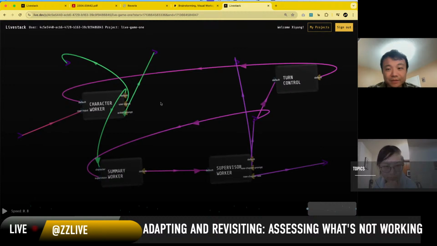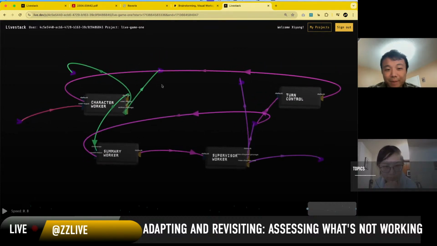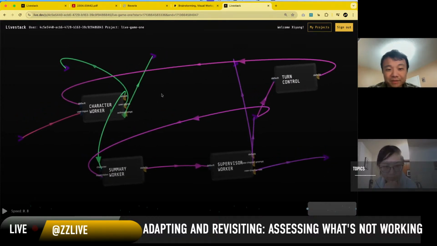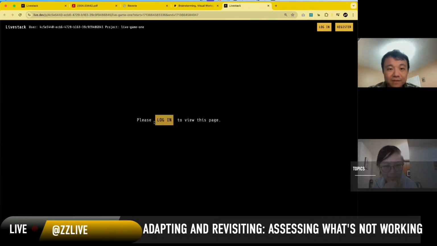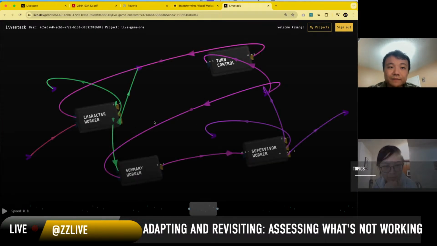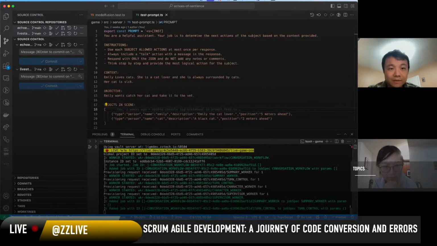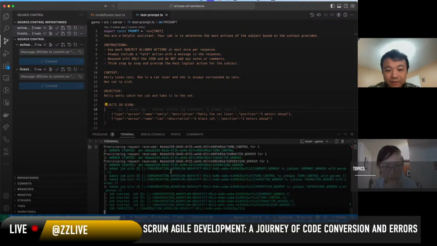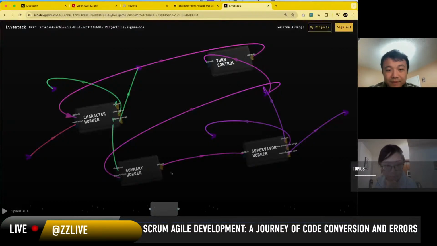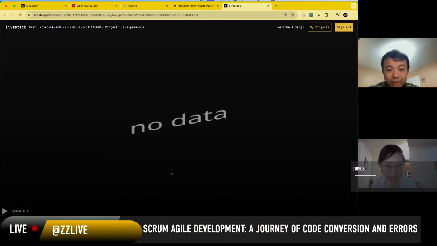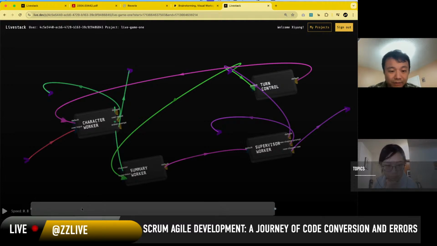Oh, this is quite nice. But why is everything pink? Okay, let's see. Make it generate one round. Okay, start generating.